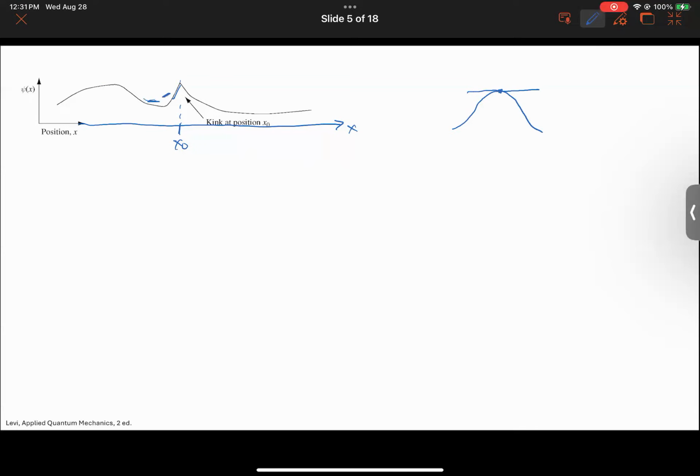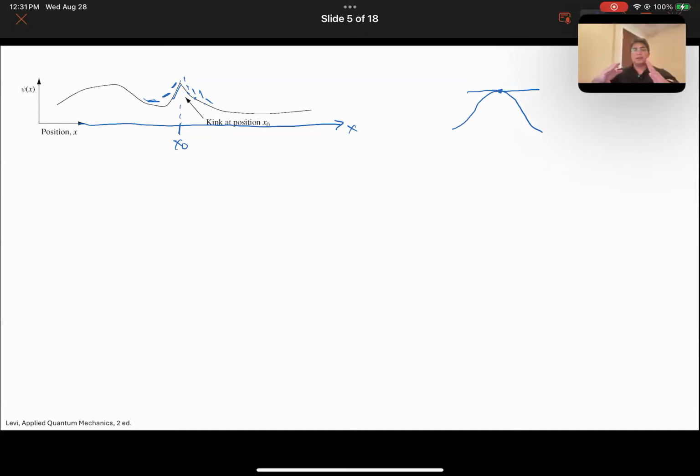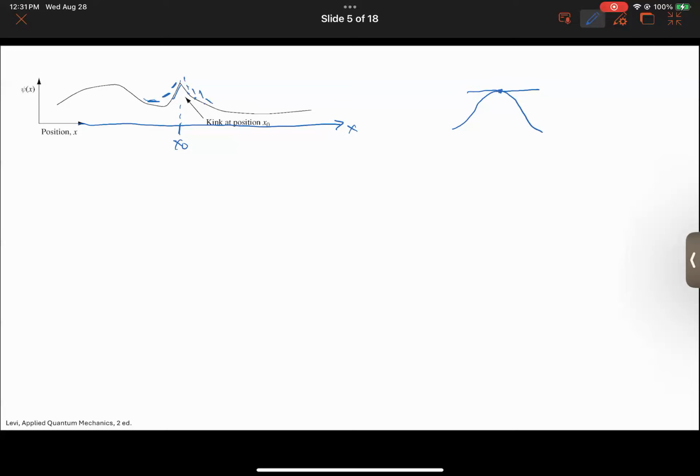From here to here to here, nag-increase yung slope niya. And then you approach it from the right, nag-increase din yung slope nito. So, ang nangyayari is, in both directions, yung slope niya ay nag-increase. So yun yung derivative. Yun yung description natin for the derivative of the wave function.